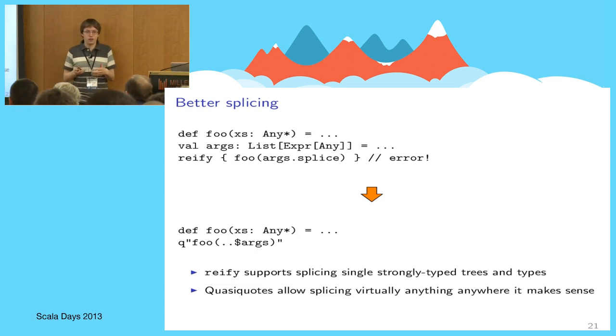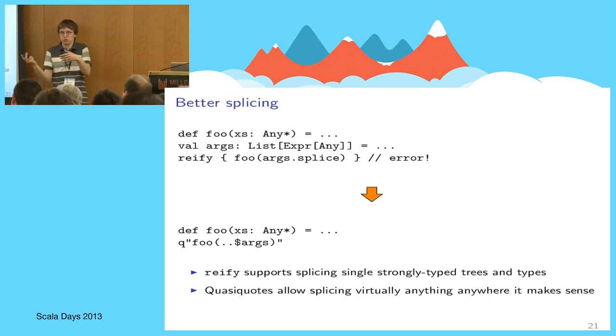Speaking of splicing, of inserting some code into code templates, reify only supports single expressions. So if you need to splice arguments of a macro into some big template, this works. But in more elaborate cases, where, for instance, you generate a list of expressions and then you want to splice it into a function call, quite natural, right?